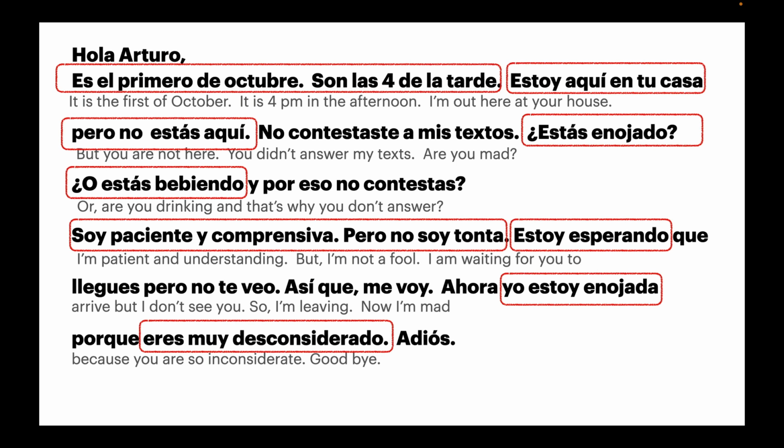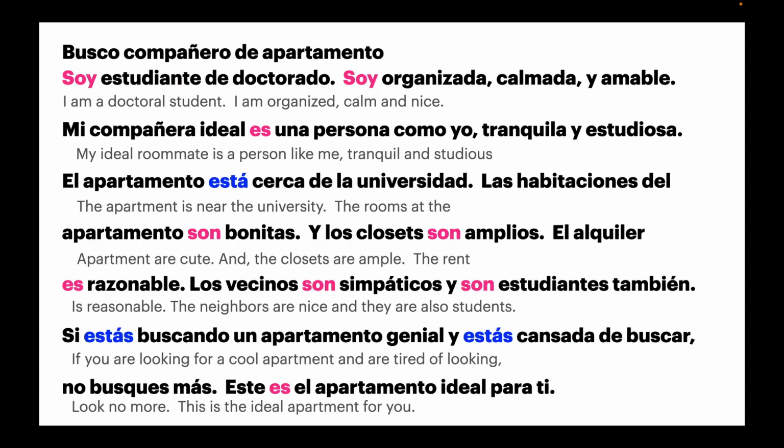Eres muy desconsiderado. Now we're not talking about a state, we're talking about a trait, a personality trait. She is telling Arturo, this is how you are, this is your identity, this is your trait. And that's why she is using ser. All right, let's move on.